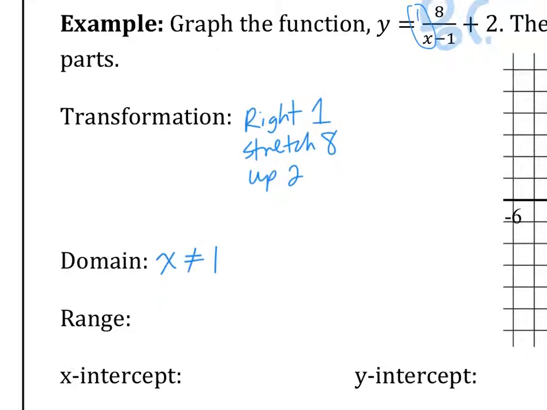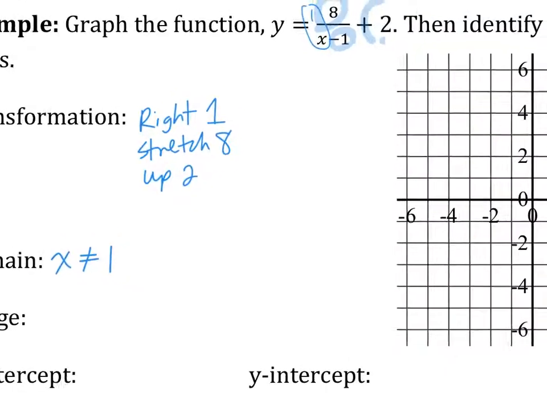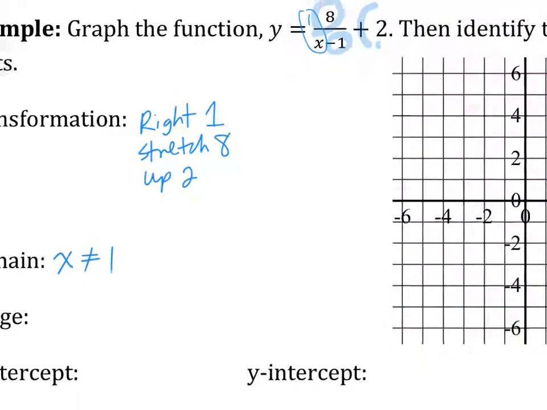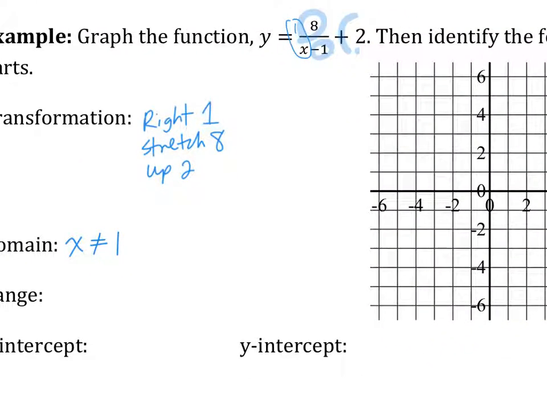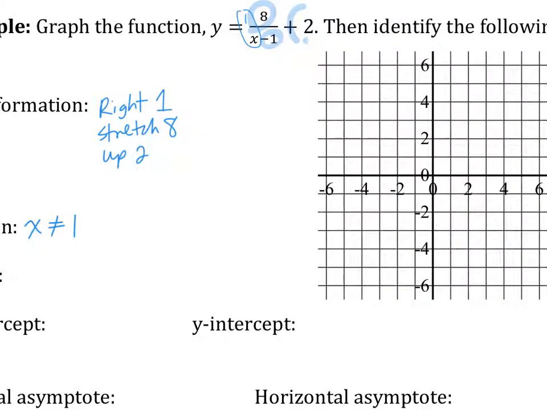X-intercept, y-intercept. All right, let's try that. Let's do y-intercept first because that's easier. Y-intercept is when x equals 0. Okay, so we're going to solve when x is 0. All right, go ahead and figure out where the y-intercept is.